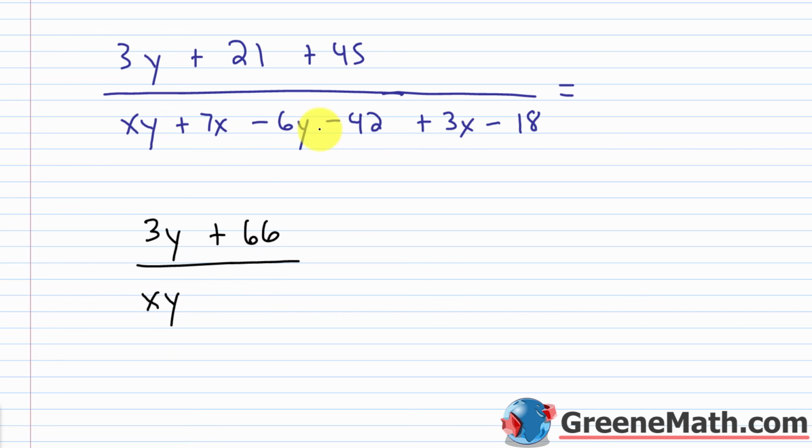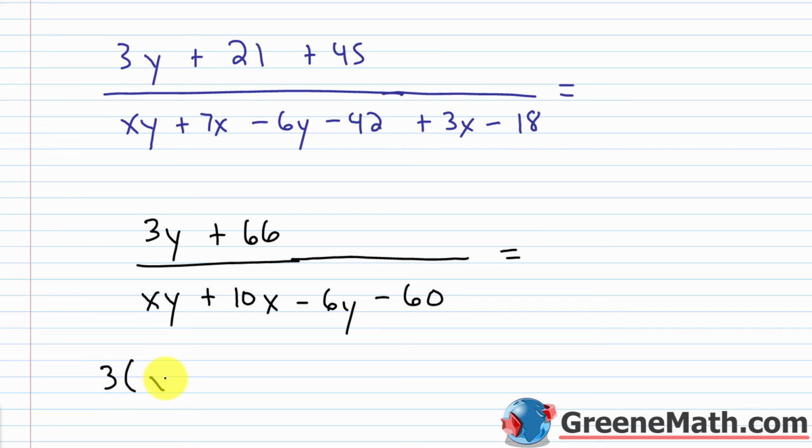I have 7x plus 3x, which is 10x, so plus 10x. I have negative 6y. And then I have negative 42 minus 18, which is minus 60. So the question is, can I factor anything and cancel? Well, I know in the numerator, I could factor out a 3. So I could factor out a 3, and I would have y plus 22.